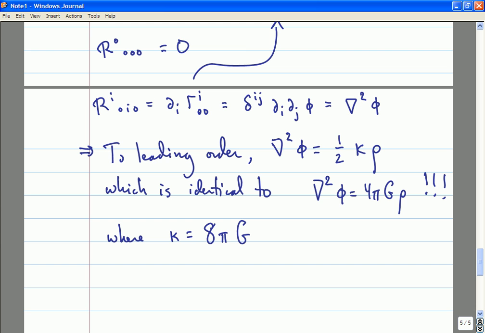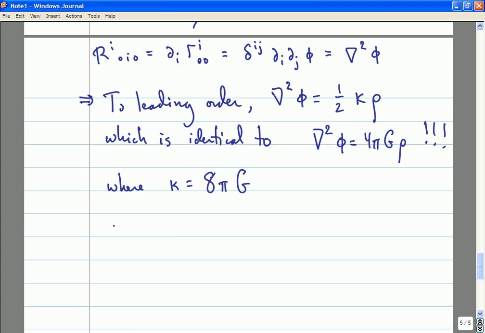So, just to conclude, we use the principle of general covariance, the conservation of the stress tensor, and the requirement that we reproduce the Newtonian laws of gravity to uniquely write down the equation of motion of general relativity.